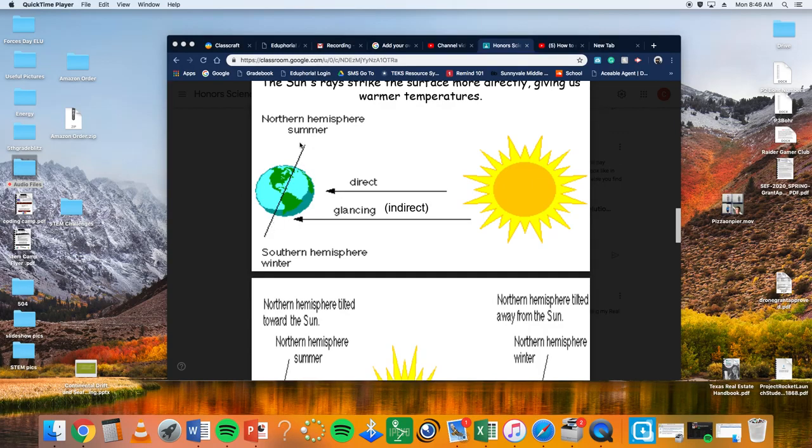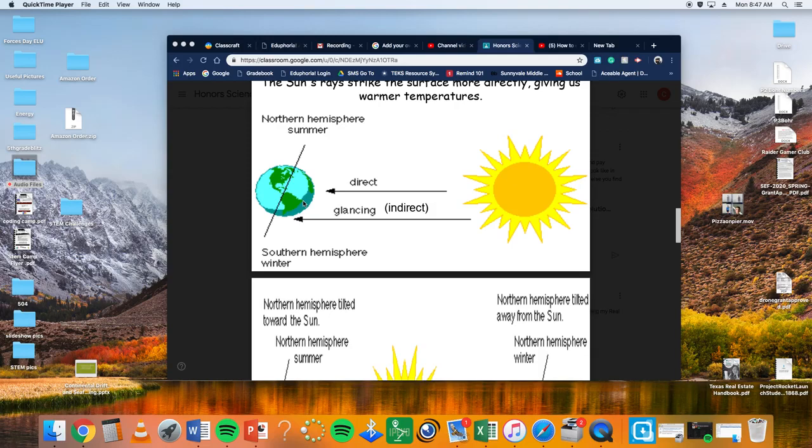It is tilted clearly at a 23.5 degree axis. If we draw a little line where the equator is, you can see that the northern hemisphere is tilted towards the sun. Look at that arrow, the direct rays are hitting the northern hemisphere.